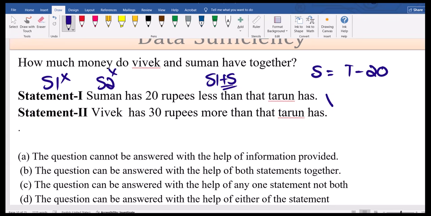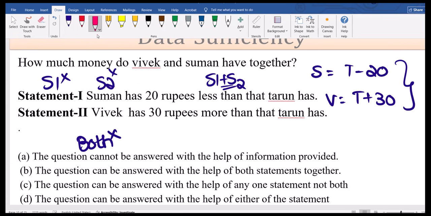As per the next one, Vivek is 30 more than Tarun. Now together means adding. When you add, we cannot find S plus V. T is the problem. Putting both statements together is also not possible.